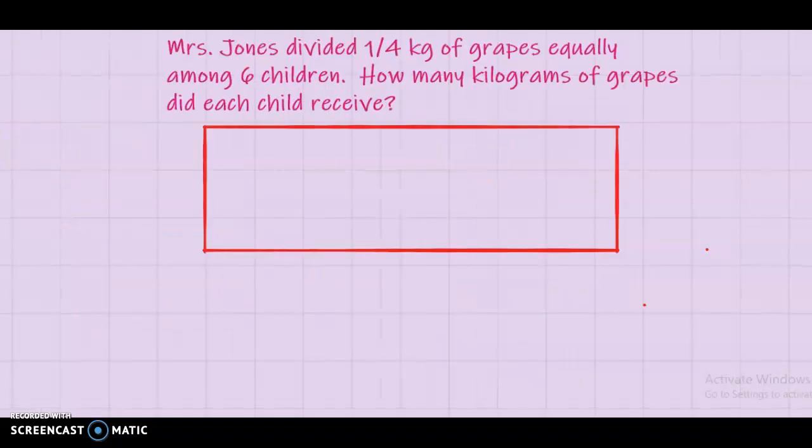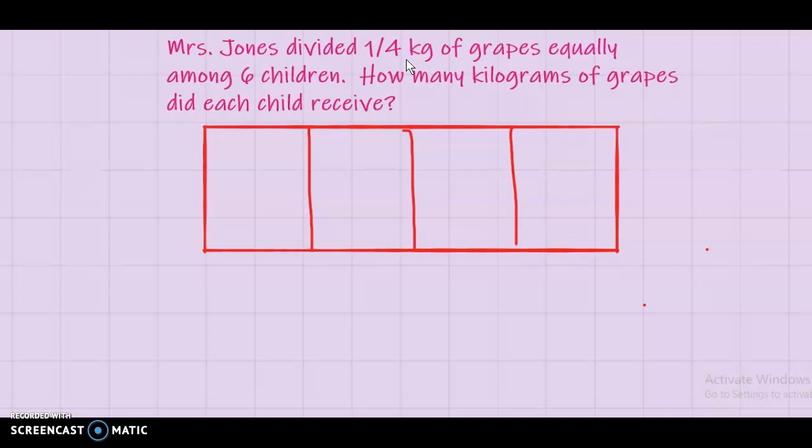Mrs. Jones divided 1/4 kilogram of grapes equally among 6 children. How many kilograms of grapes did each child receive? I've drawn a bar model here, and I'm going to divide it into fourths. That's 1, 2, 3, and 4.